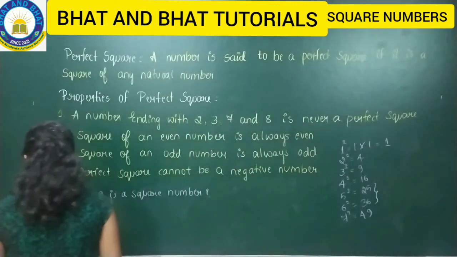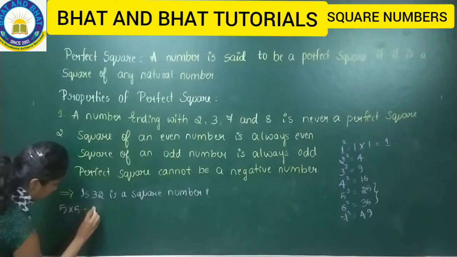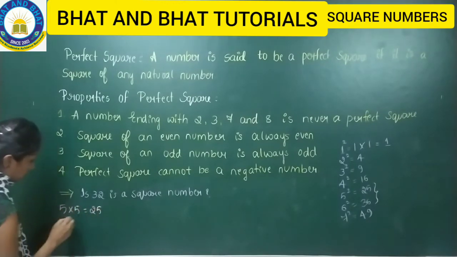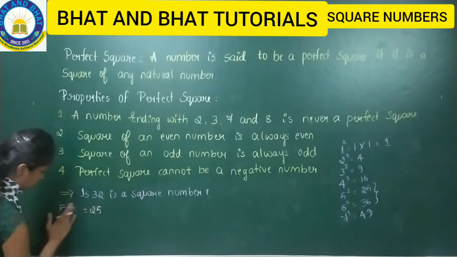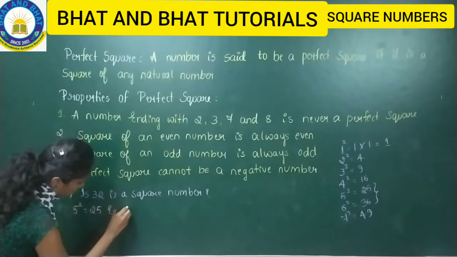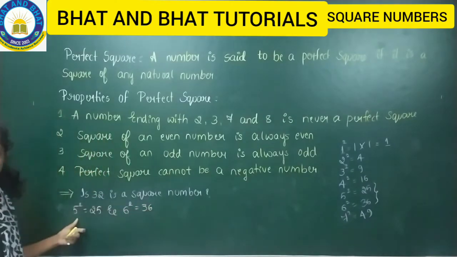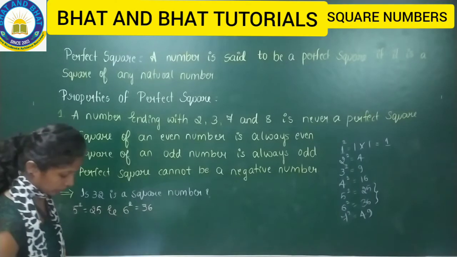You can see here, 5 into 5 is equal to 25. That is the square of 5. Or you can write 5 square is equal to 25. And 6 square is equal to 36. 5 fives are 25, 6 sixes are 36.